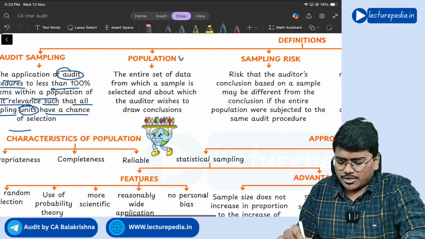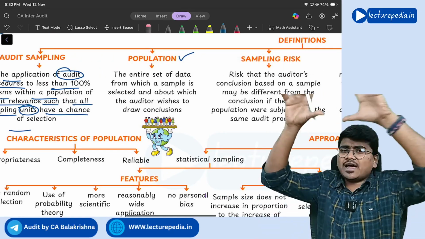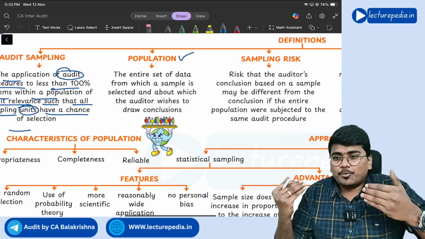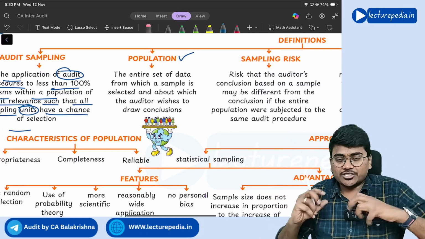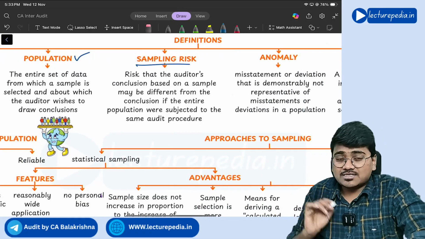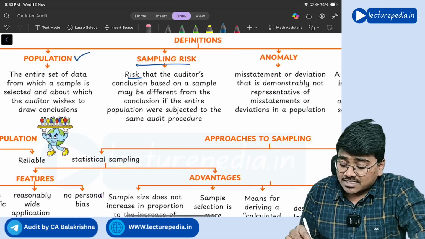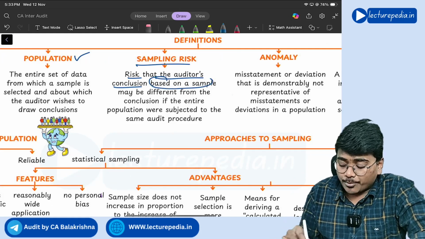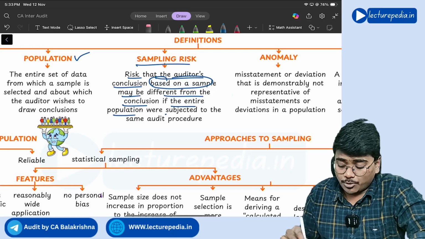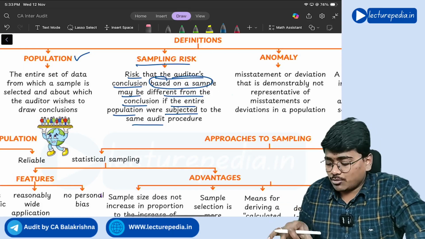So what is meant by population? I told you, the entire data set on which the auditor has to frame an opinion is known as population. You will take a sample from the population, right? Next, sampling risk: the risk that the auditor's conclusion based on a sample may be different from the conclusion if the entire population was subjected to the same audit procedure.